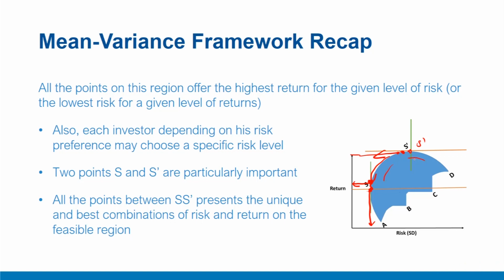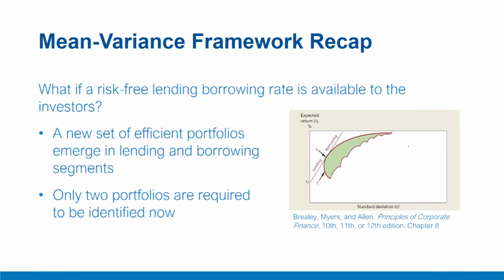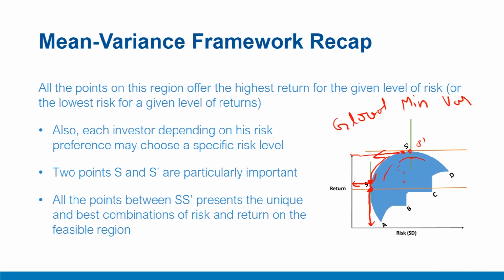So any portfolio in this feasible region does not have lower risk as compared to S. So this point S is also called the global minimum variance portfolio because it offers you the lowest variance across all the available feasible portfolios. Please notice this term feasible portfolio. Feasible portfolios are all the portfolios that are possible within this feasible region.